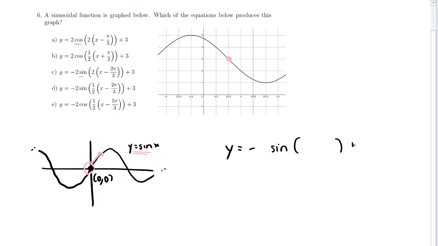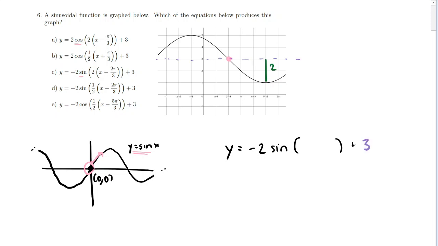So what is the magnitude? The magnitude is 2, the distance from the midline to one of the peaks. So this is -2, negative because we've reflected it vertically. I should have started with the midline. The midline is 3, so we've got a +3 here.